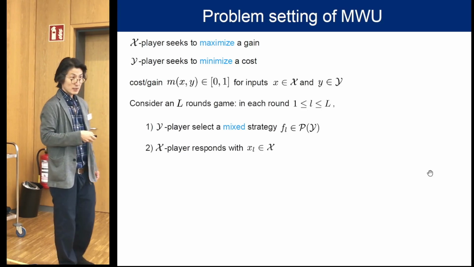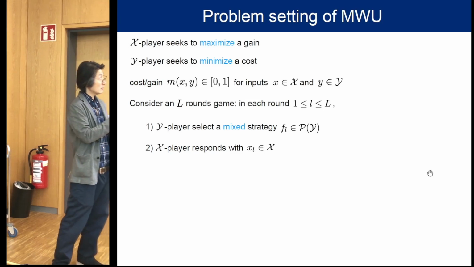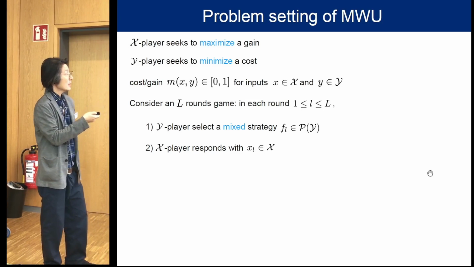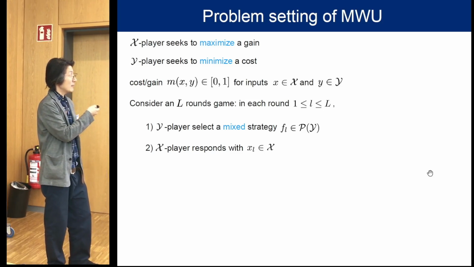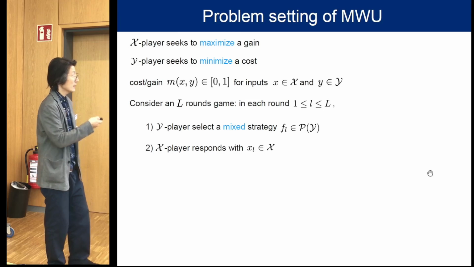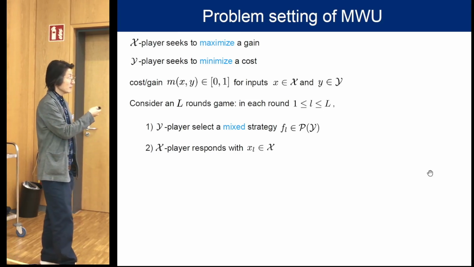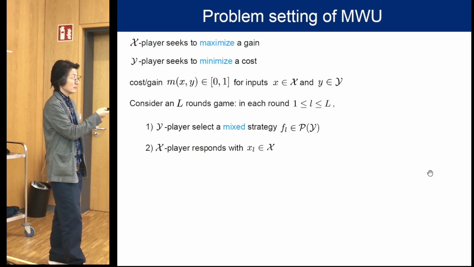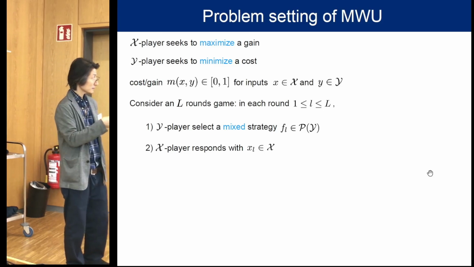And we consider an L-round game. And in each round l, first, Y player selects some mixed strategy, f_l, which is some distribution on alphabet Y. Then, after that, X player responds with some deterministic strategy, x_l, from alphabet X. Okay.